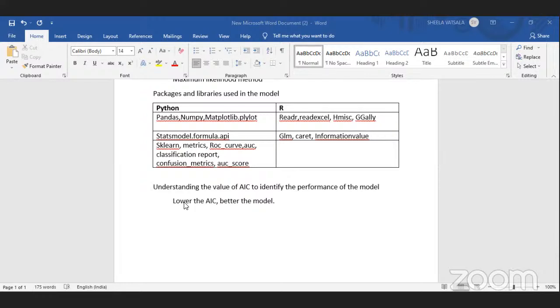So one more question: is standardization of features required before training a logistic regression? Yes. Do we need to standardize? Is it mandatory for us to standardize all the features before training the logistic regression?